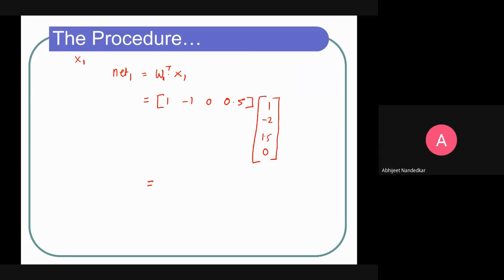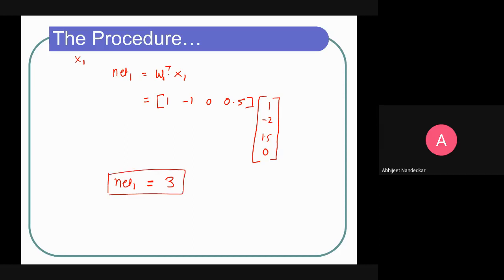Can you type? What is this? Anybody? Okay. So net 1 is 3.